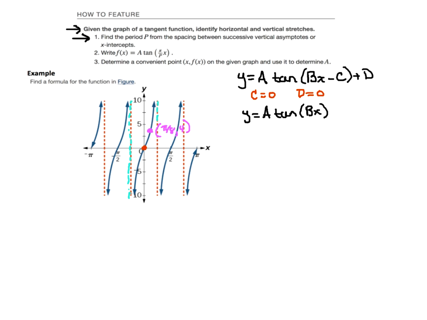And I have one at positive pi over 4, which is halfway between 0 and positive pi over 2. So this distance between my asymptotes, which is my period, is pi over 2, half of pi. And I'll show you how I got that.